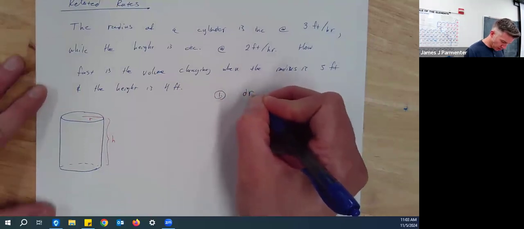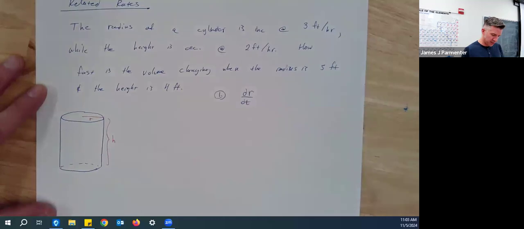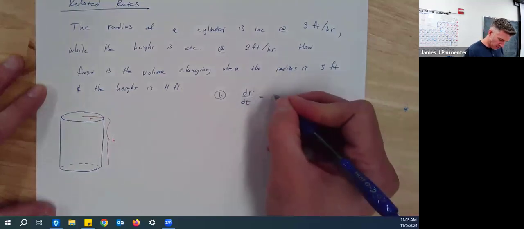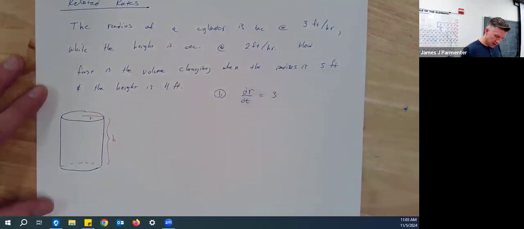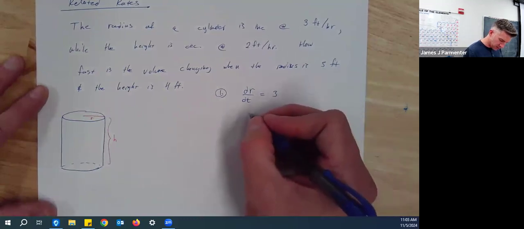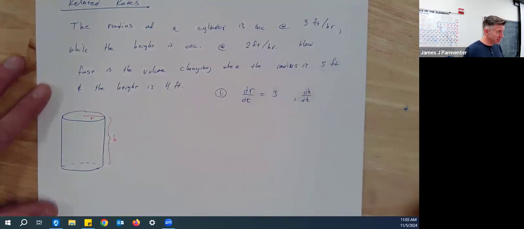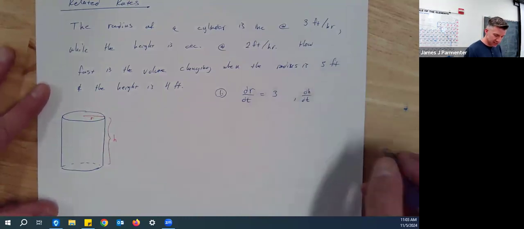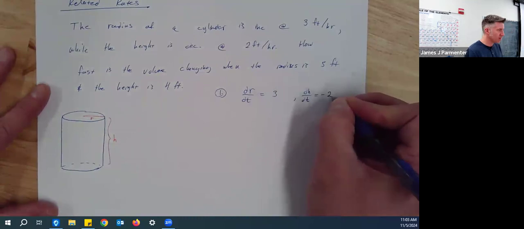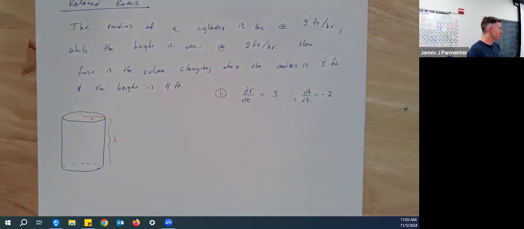So dr/dt, the rate of change of the radius, is 3 feet per hour. And the height is also changing. The rate of change of the height is, well, the height is decreasing. So we should say that dh/dt is equal to -2 feet per hour.